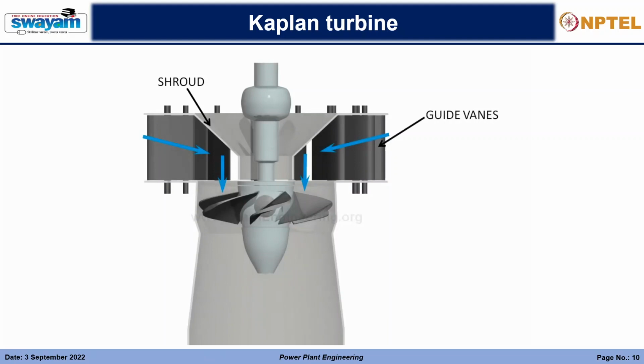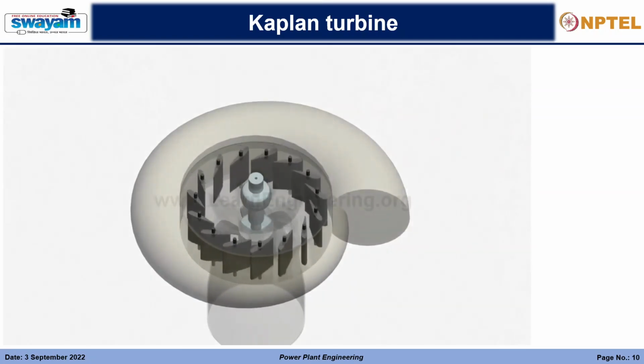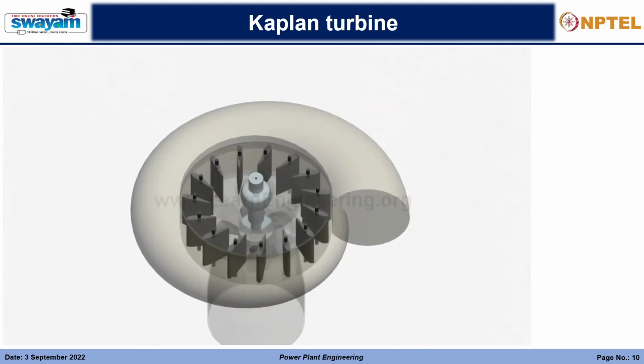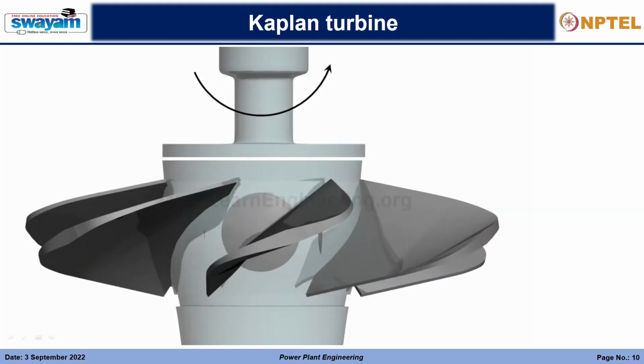Power demand may fluctuate over time. A governing mechanism, which controls the position of the guide vanes, is used to control the water flow rate. This can meet the varying power demand. Blades of a Kaplan turbine are designed to operate under a wide range of operating conditions.